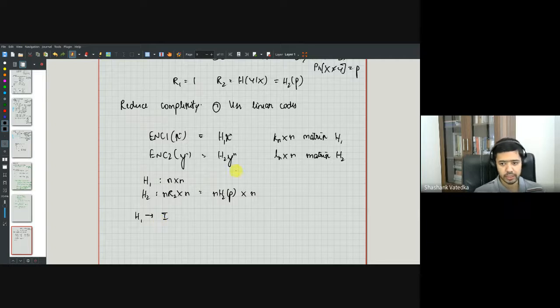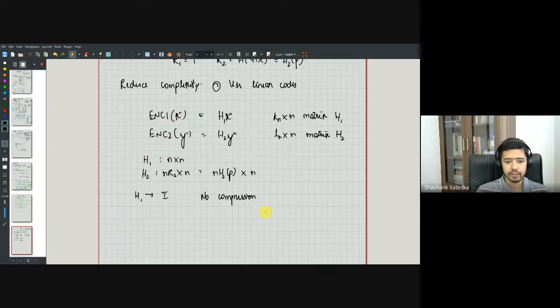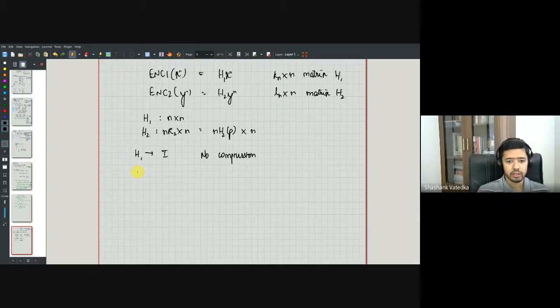That automatically satisfies this property. The rate is equal to 1. So in some sense, we're not doing any compression at all. We're just transmitting the sequence as is. All right. But now, how do we choose H2?